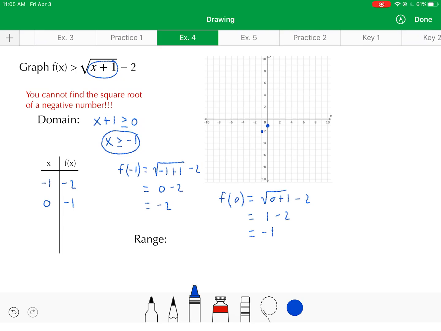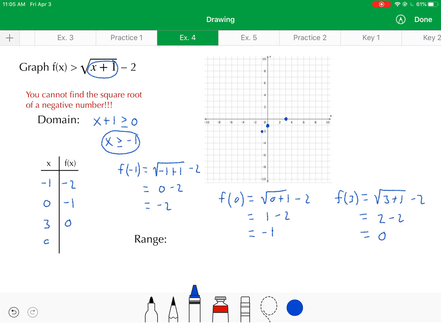Okay, and then I'll plug in a 3 next. F of 3 equals the square root of 3 plus 1 subtracted by 2, which is going to give me square root of 4 or 2, then 2 subtracted by 2 is 0. So we got 3, 0. And let's do one more for good measure.